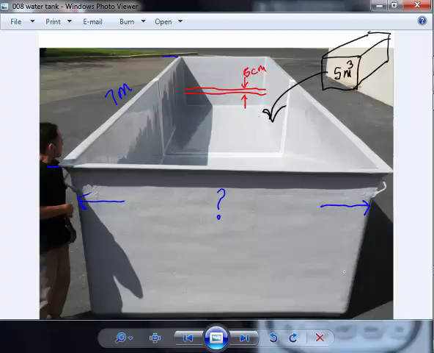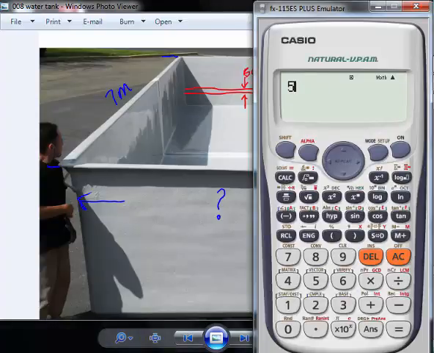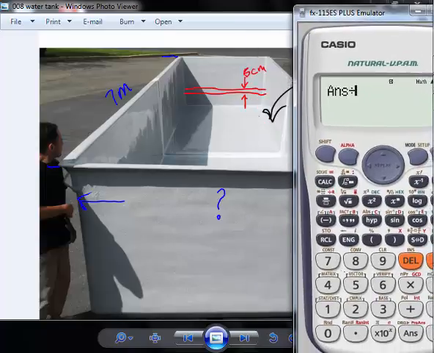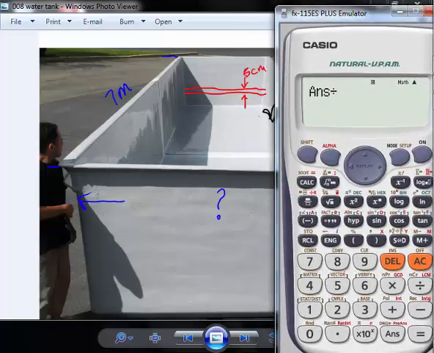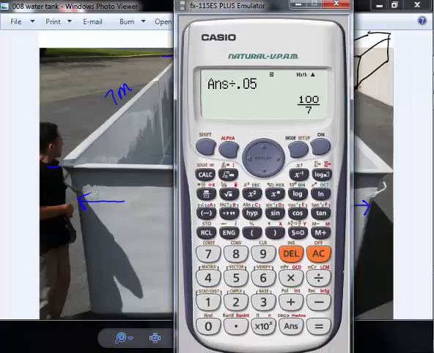So what we're going to do is take that 5 meters cubed and divide it by 7, and then divide that by, now remember this is in meters, so 0.05, because that's how much 5 centimeters is, and we get 14.